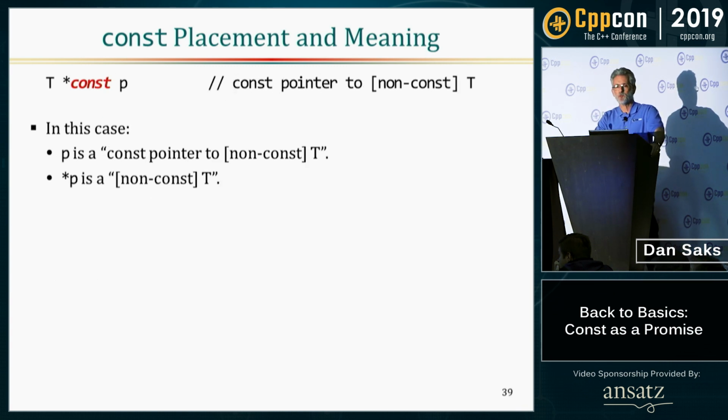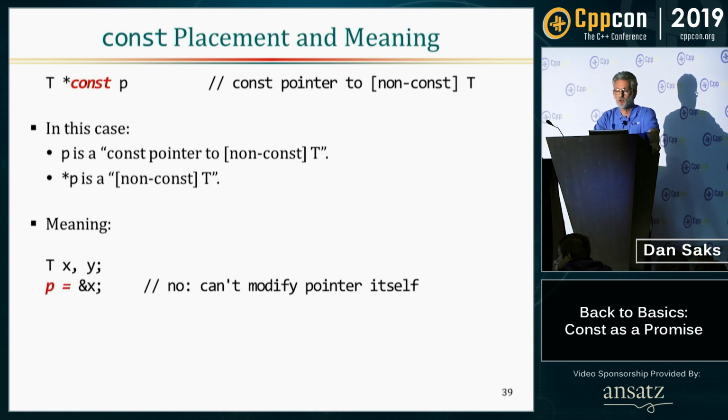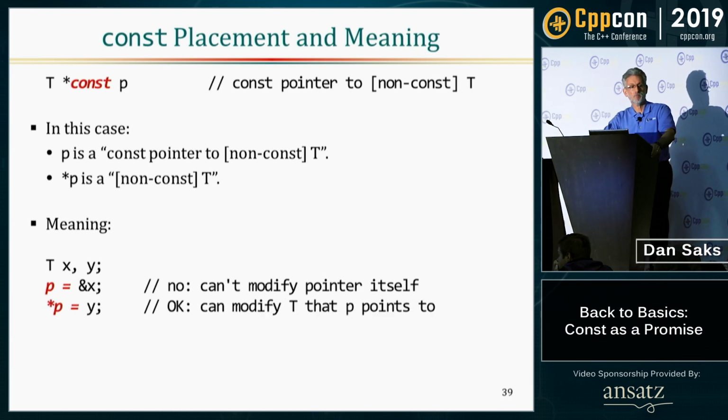You contrast that with this one. p is a constant pointer to a T. So that means that p itself is a constant pointer to a non-constant T, but *p is non-constant. So if you try to assign to p itself, that's an error. But you can assign to *p.